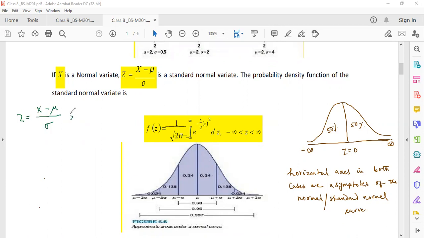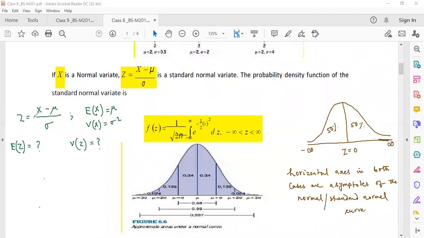and we know that when we have the normal variable capital X, the mean of the normal variable is mu and variance of the normal variable is sigma square. We know it. Now, when we change the normal variable from X to Z, the question is, what will be the value of E(z) and what will be the value of V(z)?